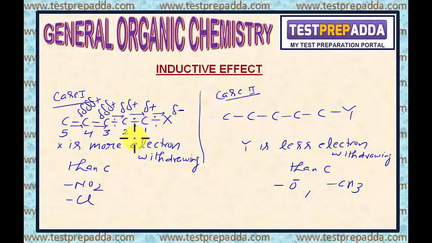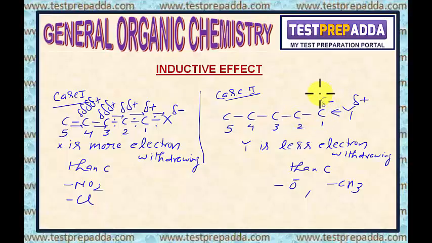My point is clear. Now if I consider case 2, here Y is less electron withdrawing than carbon. So carbon has the tendency to pull shared electrons, and that is why carbon gets partial negative charge, and Y will get partial positive charge. Now again, if I number the carbon chain, the two carbon atoms, carbon 1 and carbon 2, have the same electronegativity.